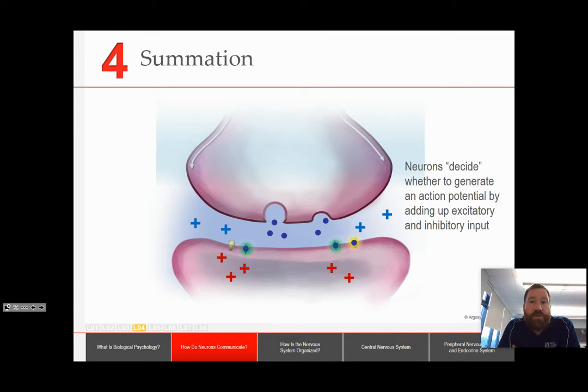One neuron could be connected to 20, maybe even a few thousand other neurons through the connections between dendrites and terminal buttons, so you're going to be receiving a lot of different neurotransmitters telling you what to do. So again, that's where the soma comes in and tallies all the score, and then makes the decision if it's past the threshold to fire or not.